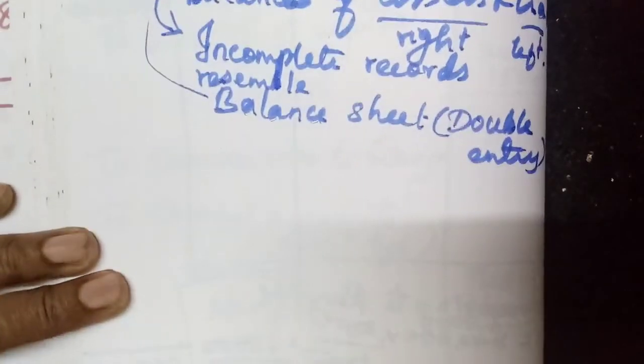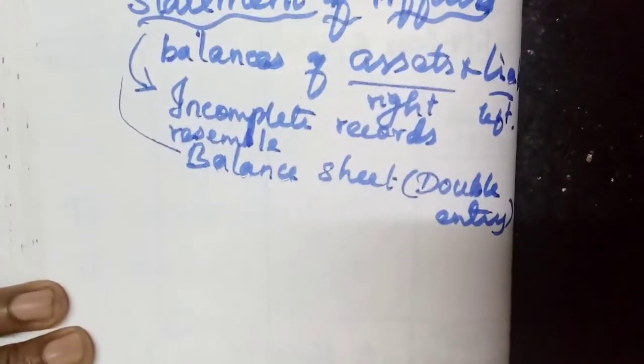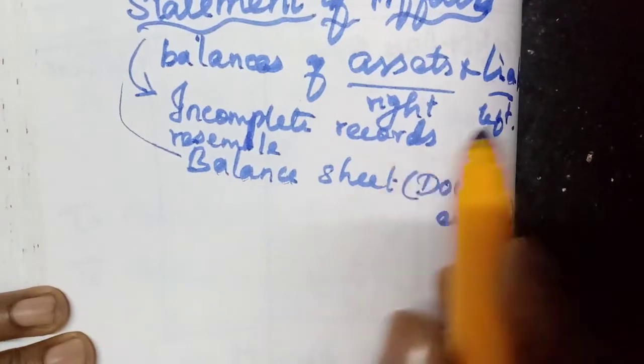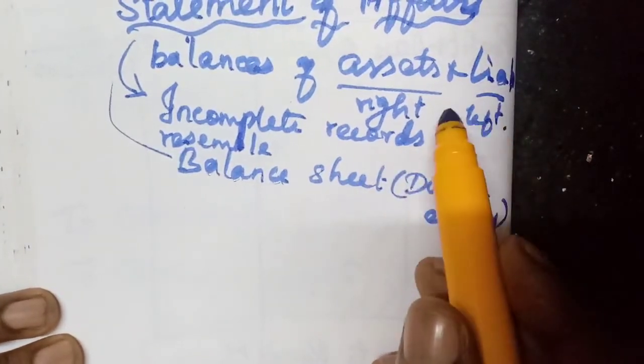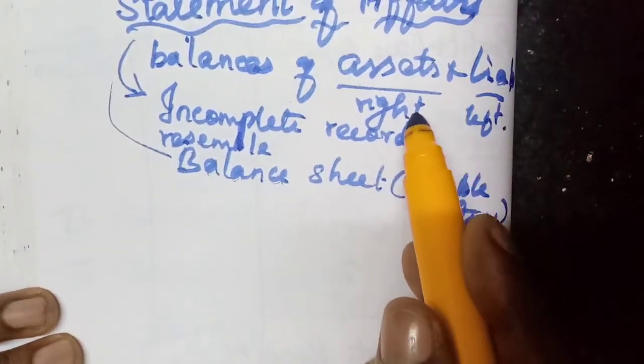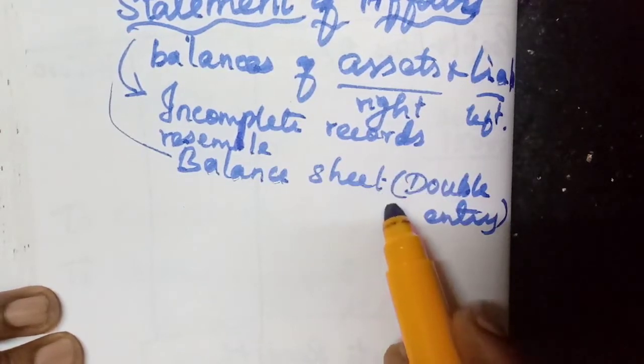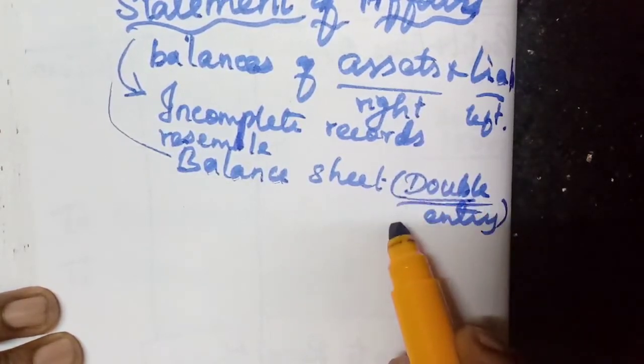But why is the statement of affairs different from the balance sheet? In the double entry system, all the balances will be written from the trial balance, isn't it?